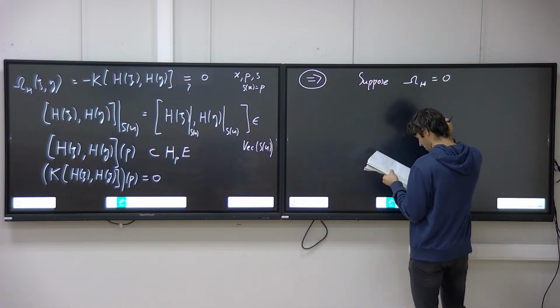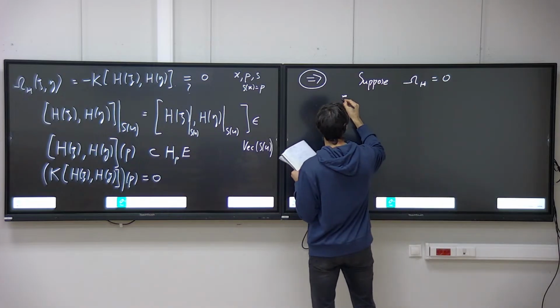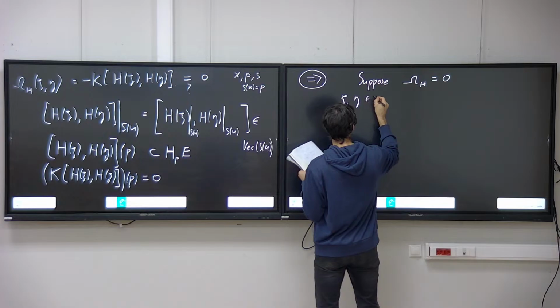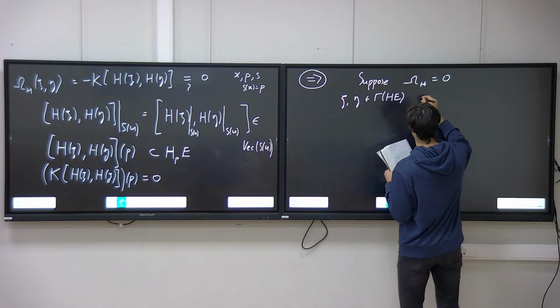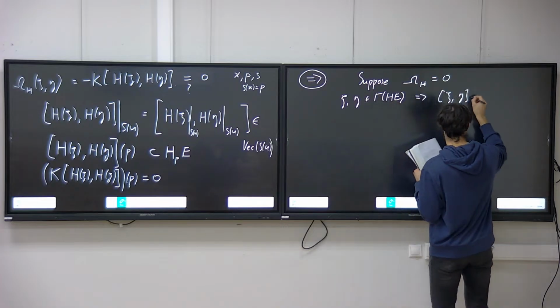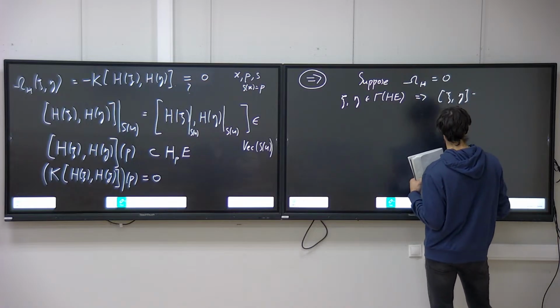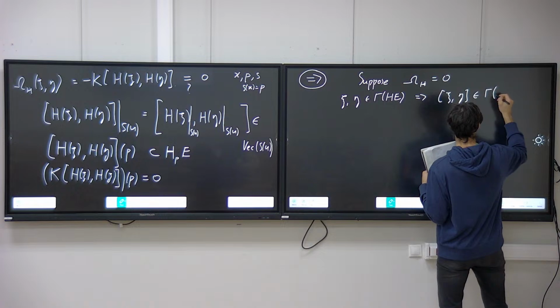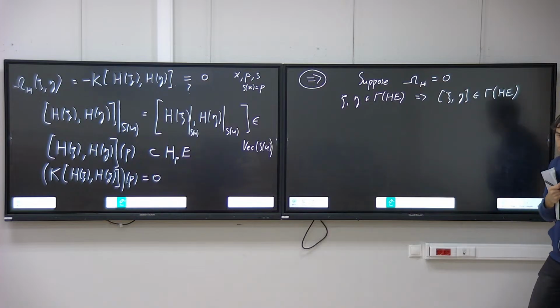Then if I take two sections of the horizontal bundle, and I compute their commutator, this will be inside, this will also be a section of horizontal, because the vertical component is 0.